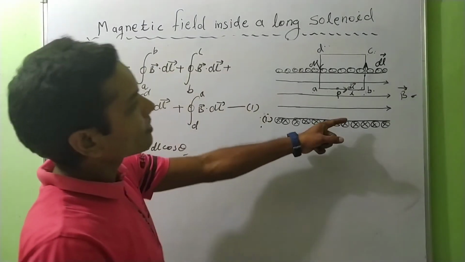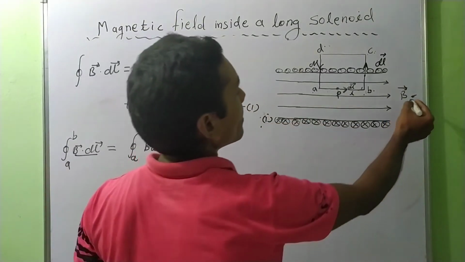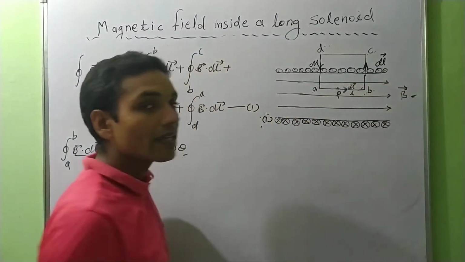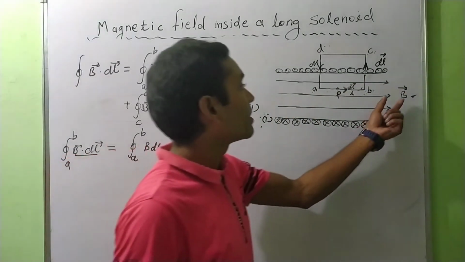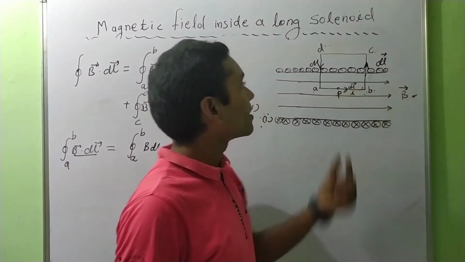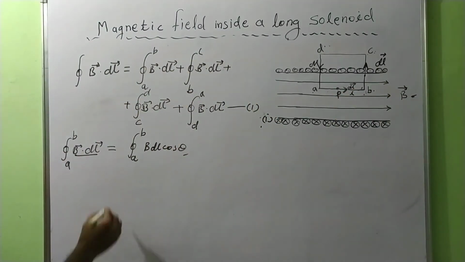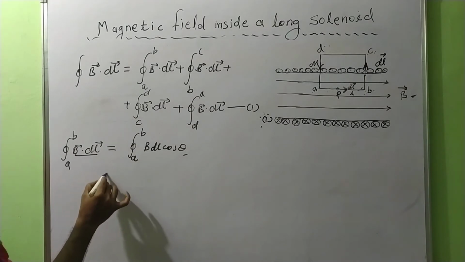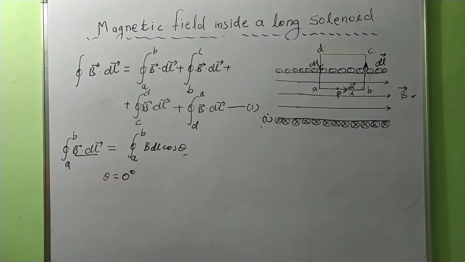And here it is clear that the direction of magnetic field is in the same direction as dl. So the angle between vector B and vector dl will be 0 degrees. Okay. So theta will be 0 degrees.